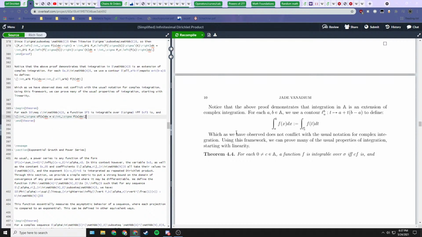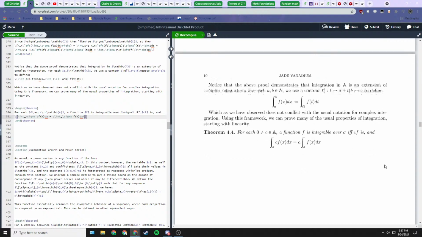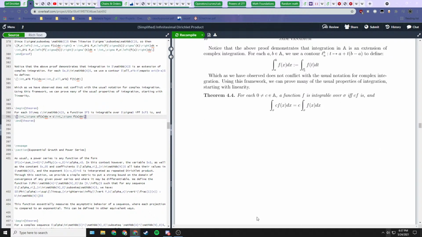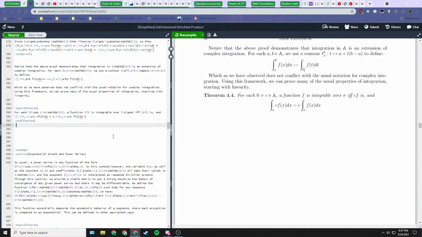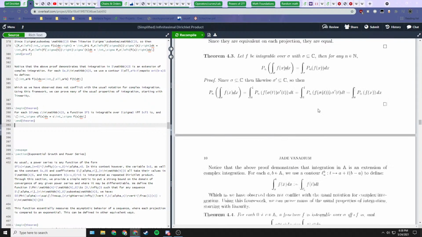Okay, so this one is actually interesting. In order to prove this, we have to use both the cancellation formula and also the Dirichlet product formula. So first things first, oh gosh, let me think. Let's actually go up.